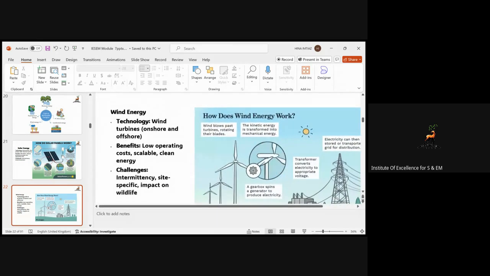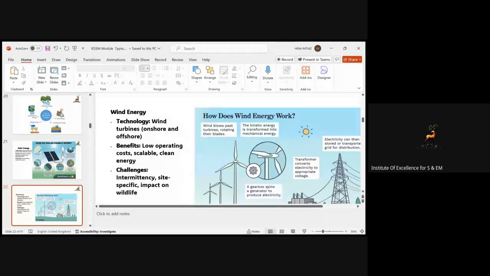So what are the benefits? It has very low operating cost. It is scalable. You can install the turbines at any site which is suitable, which has a high concentration of air blowing, or where the air blowing is very good. It is a clean energy, but we always have to make the initial investment, and it is very site specific.